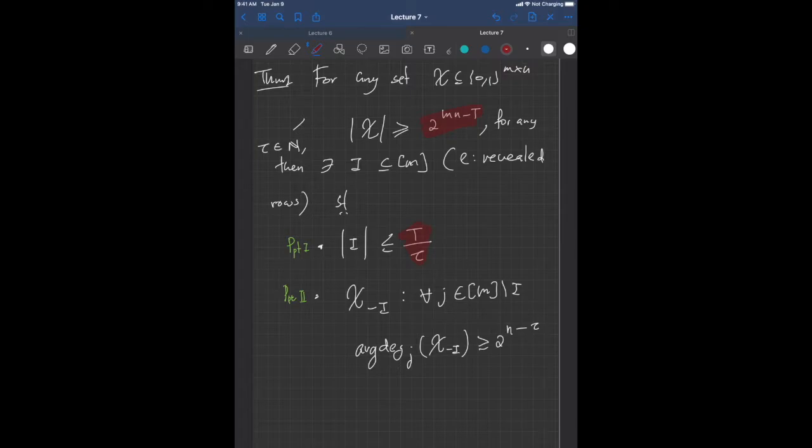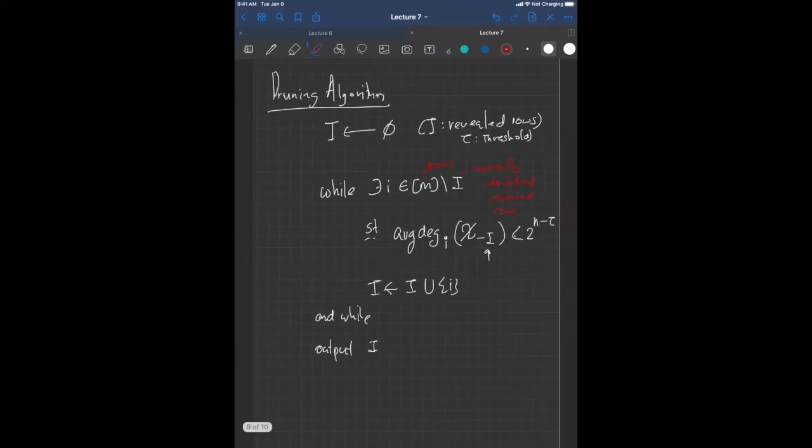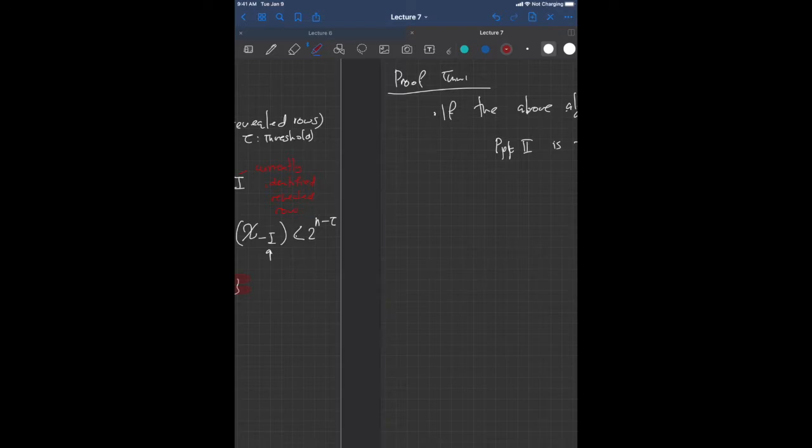After these many steps, our algorithm should stop, because in every step we are increasing the cardinality of I by exactly 1. So if we prove property 1, then we get that cardinality of I is at most t by tau, and hence the algorithm has to stop as long as t by tau is smaller than m. So we'll just end up proving that.